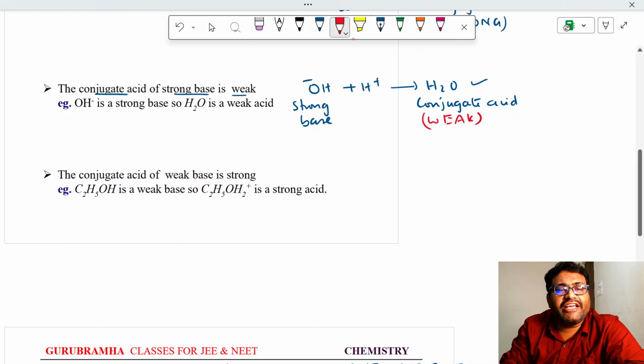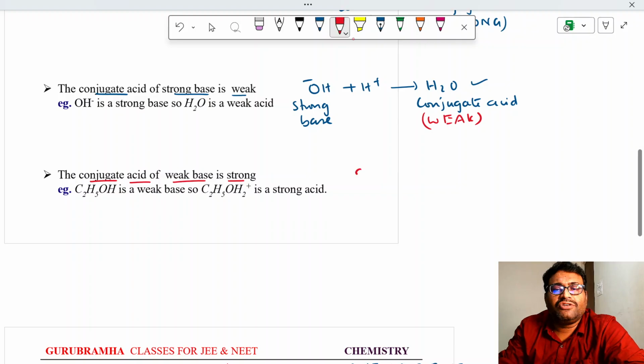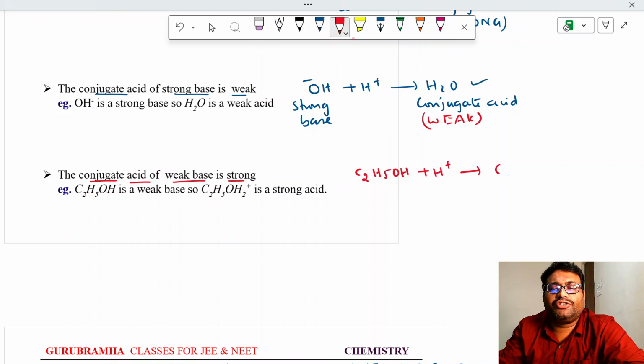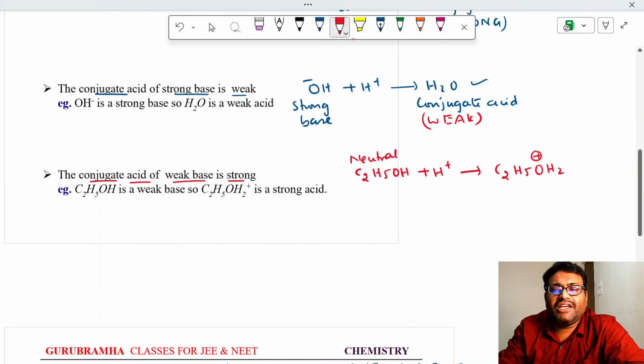Okay, so in the same way, the conjugate acid of a weak base is strong. So C2H5OH is a weak base. It does not have the tendency to take a proton to form C2H5OH2 plus. Why? See, here it is neutral, and here it is charged.